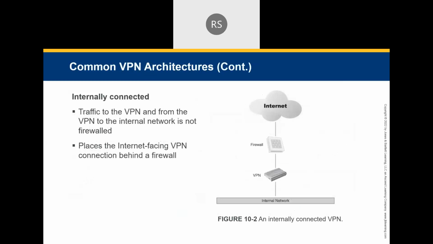An internally connected VPN, in this, the traffic to and from the VPN and the internal network is not firewalled. However, the internet facing VPN connection is placed behind a firewall. And this is done to add an extra layer of security in an internally connected architecture.